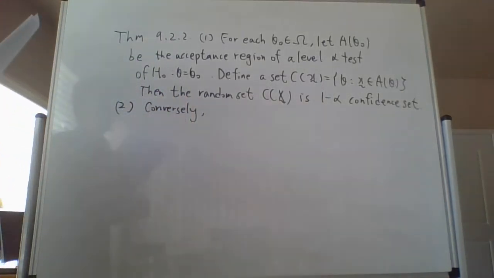So the first part of Theorem 9.2.2 says that if we invert the test, then we can get the confidence set. Is the reverse true? My answer is yes.